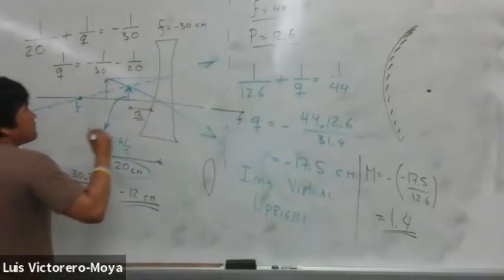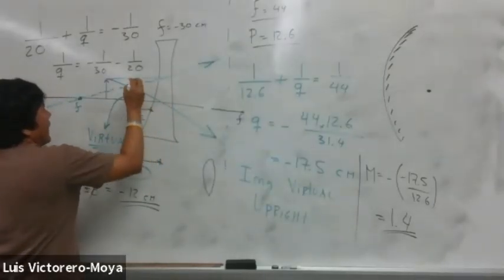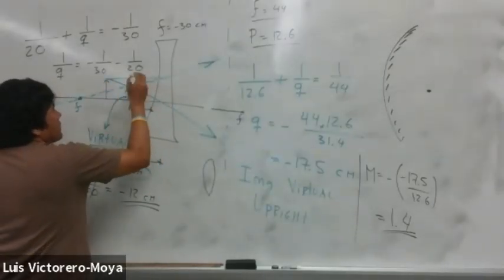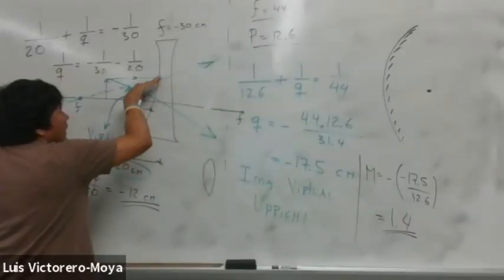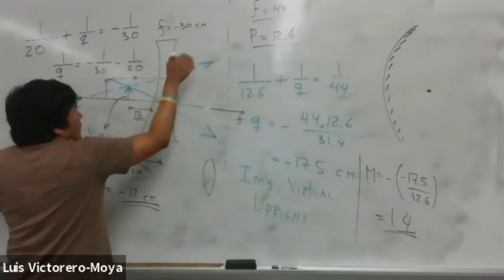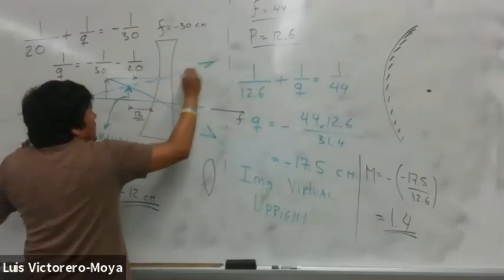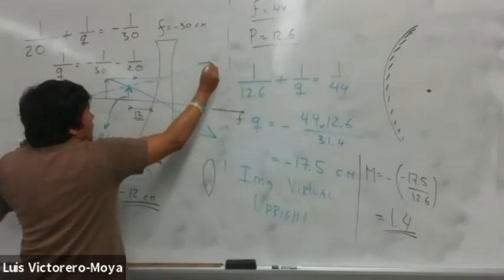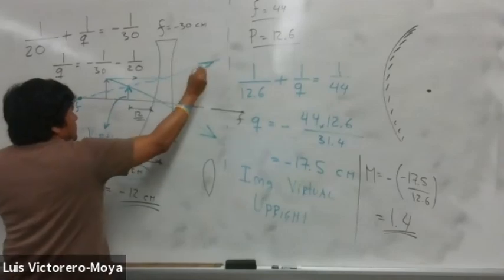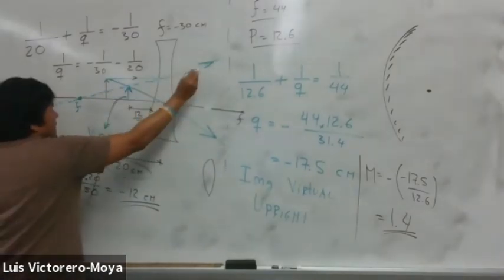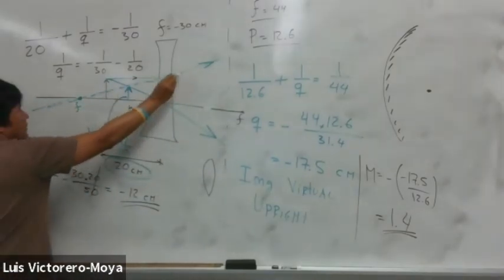Can you show me how you got the dashed ray? You went through the focal point. The dashed ray you get by knowing that light is parallel to the axis, then hits the lens, and then diverges. As light diverges, you extend, and this extends towards the focal point, always.